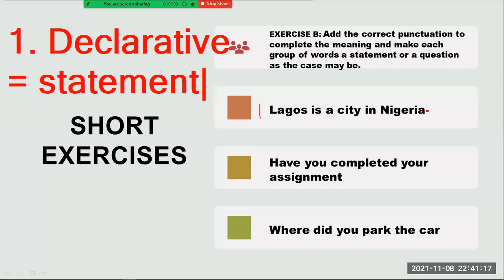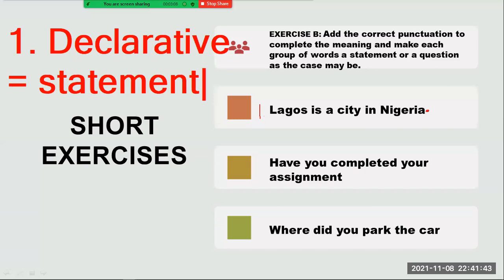Then you have another type of sentence, which is interrogative. An interrogative sentence is a question. And then we have subclasses of questions. We have the yes and no question, which is called a polar question, and then we have the WH question, which is a non-polar question.